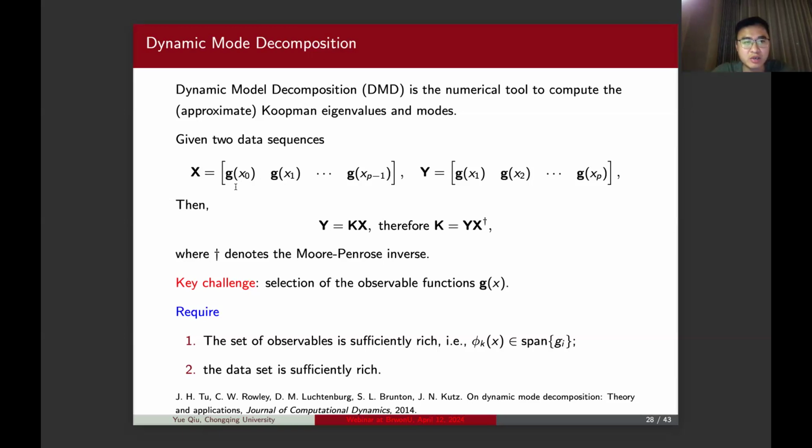Then we are able to construct these two data sequences, and we can compute the Koopman operator, the Koopman matrix, by just solving this equation. So then this problem is easier to solve.